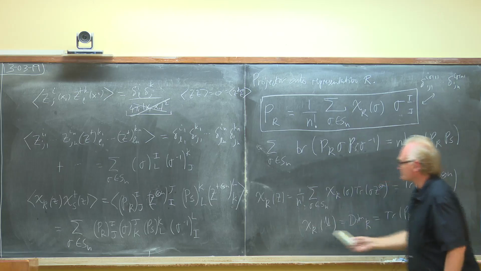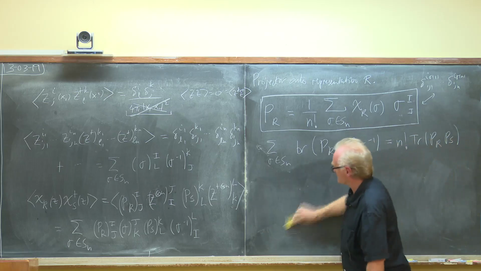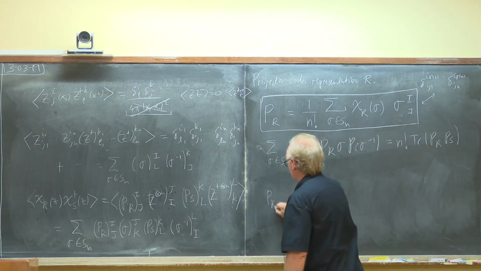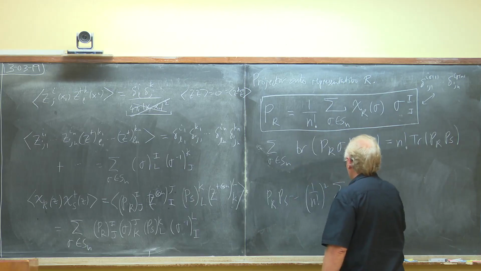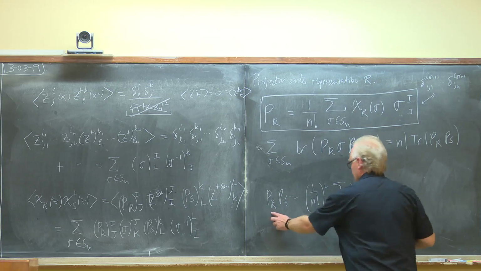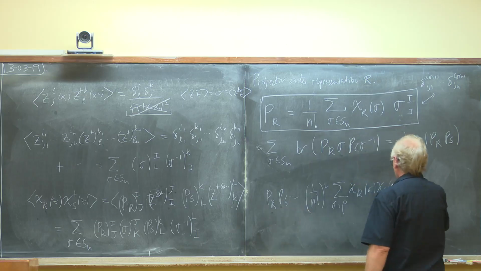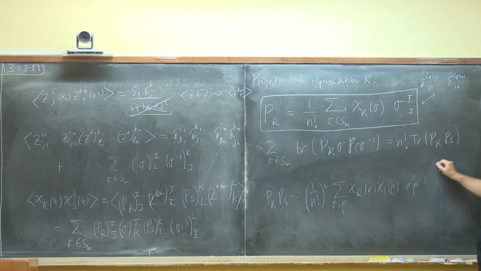Now, if you want to take a product of two projectors, P_R, P_S, this would be 1 over n factorial squared. We would have a sum over sigma and rho. We'd have a chi R for this rep of sigma, chi S for this guy, rho, and we would have sigma rho. To calculate this sum, let sigma rho be equal to psi, and then change to some new variables.